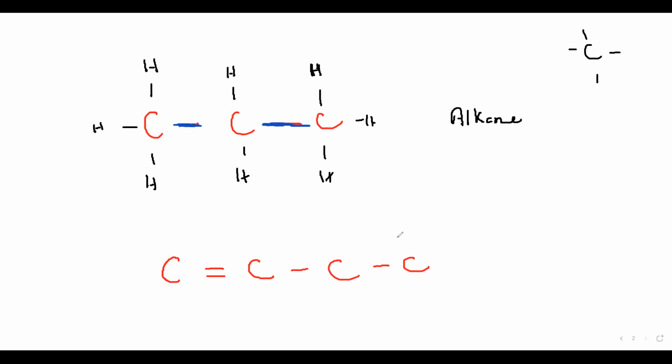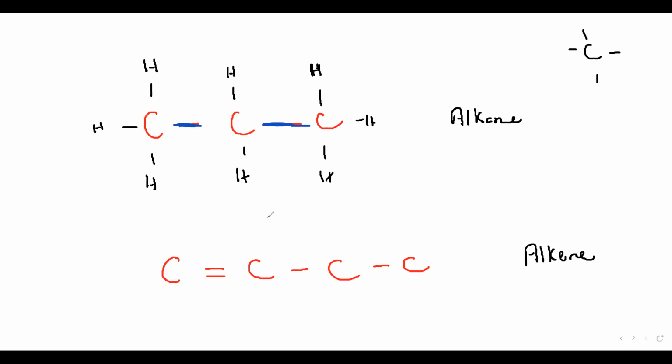What is the class of this hydrocarbon? There is a double bond present here. So if there is a double bond, what do we call it? We call it an alkene.